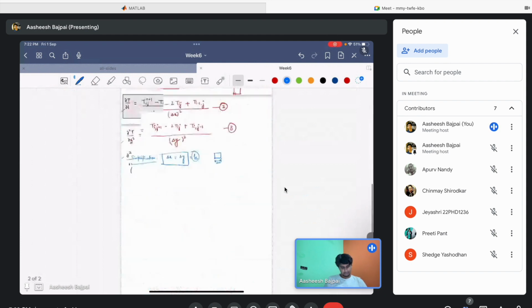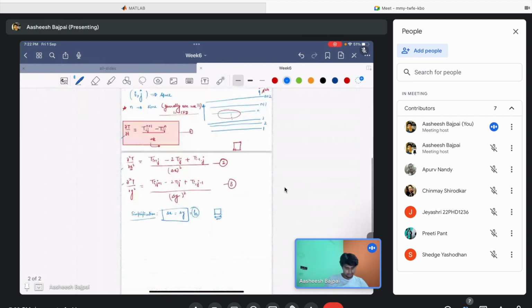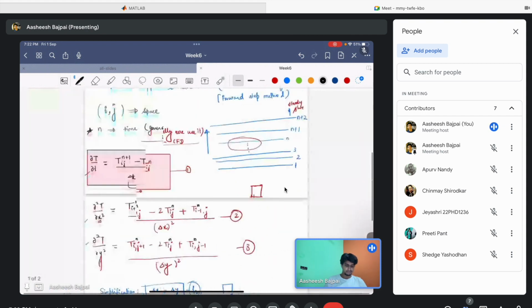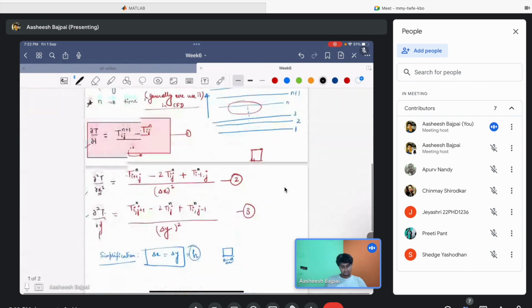So del T over del t is T, and one more thing I want to make clear is that this is at the nth time step, because we know the values at n. That's why I said this is the explicit time step discretization. So let me write it.